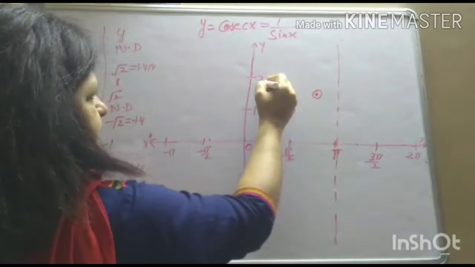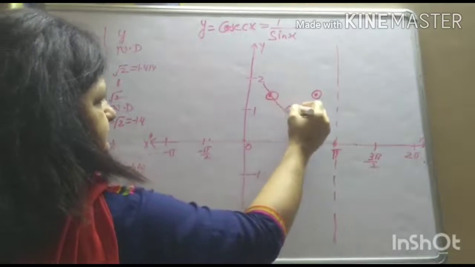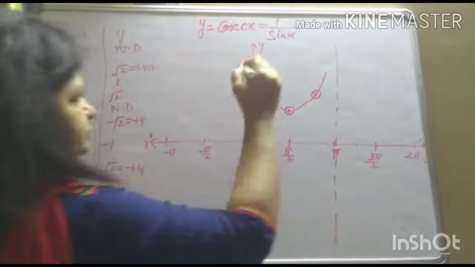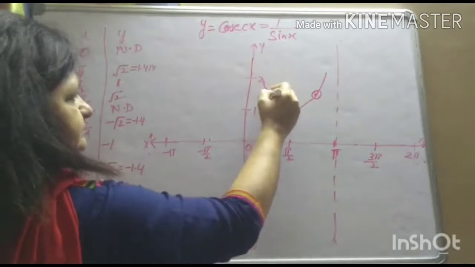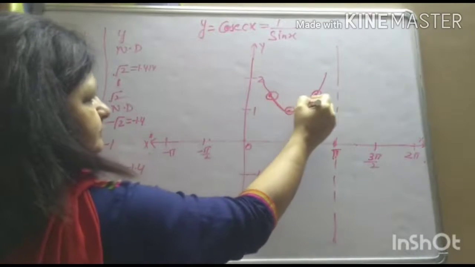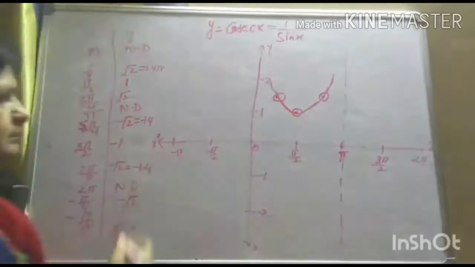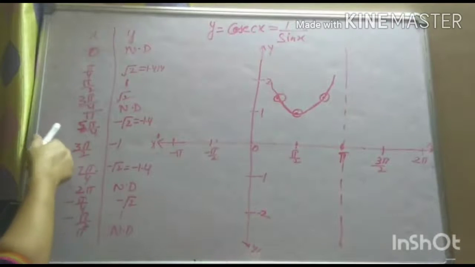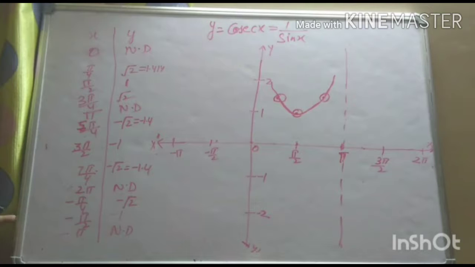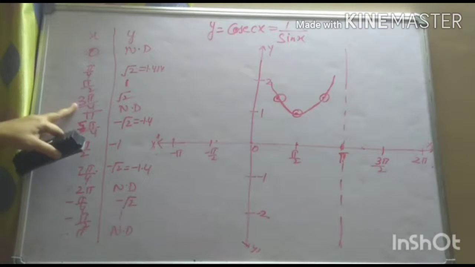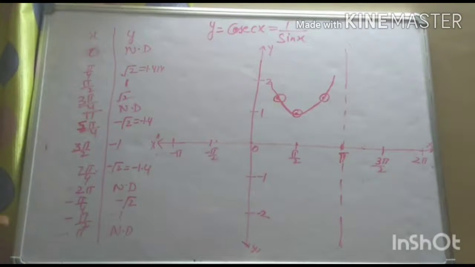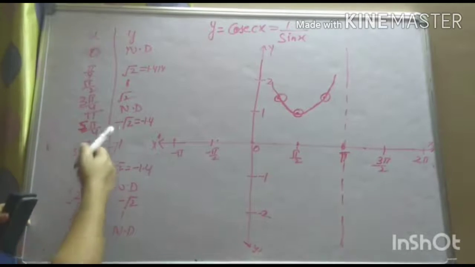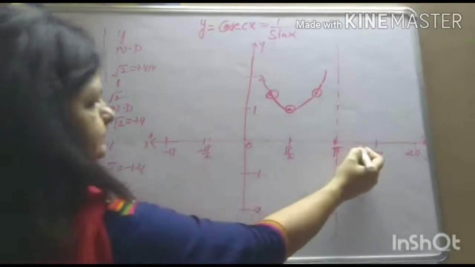So we can draw it like this. We will get the shape like this. Proper U shape we will get. Now, if we have 5 pi by 4, then it is minus root 2.